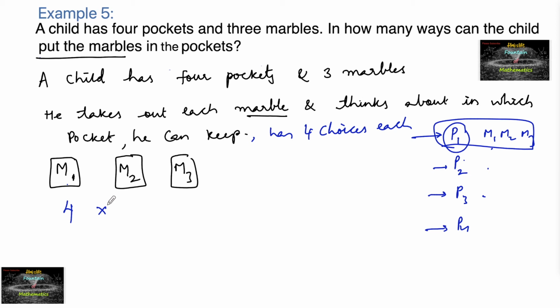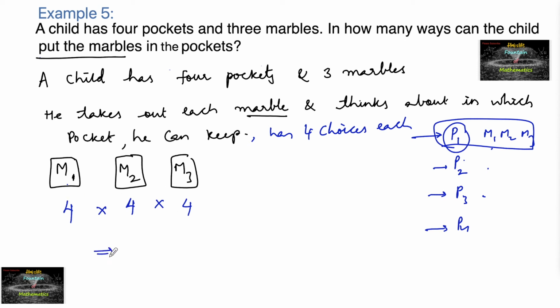There is no choice in this, it's compulsory to think about the second marble. And again he has 4 choices, whereby he can keep it in any one of the pockets. And the third marble also has 4 choices. So each marble has 4 choices.